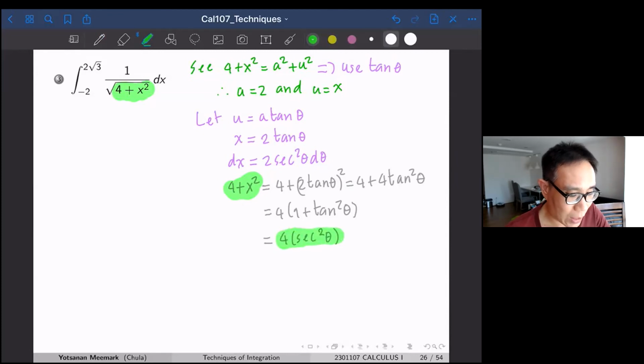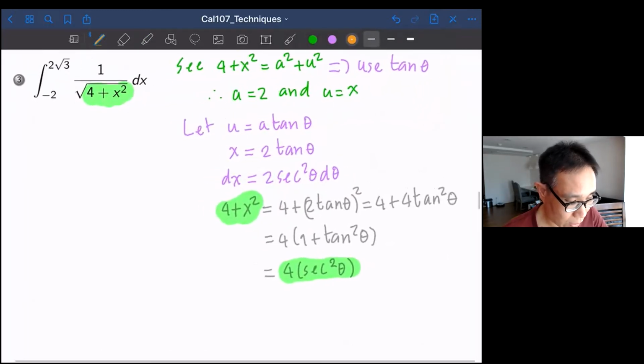And you also see that I have x equal to negative 2 and x equal to 2 square root 3. So you're going to have to change everything in terms of theta. So x equal to negative 2, so you get negative 2 equal to 2 tan theta.